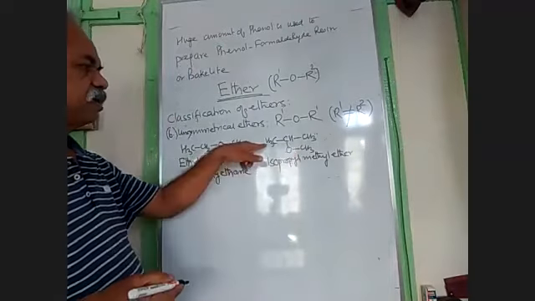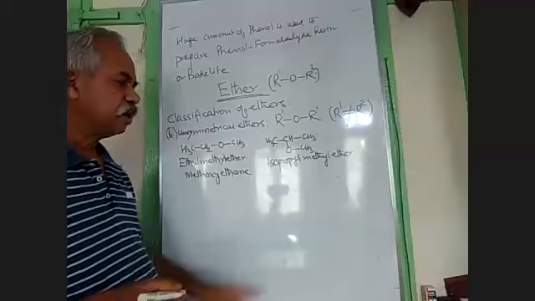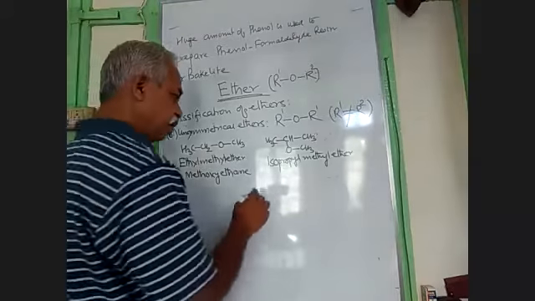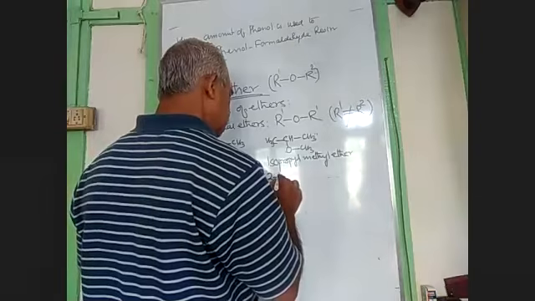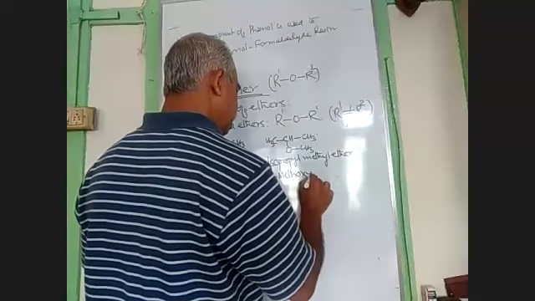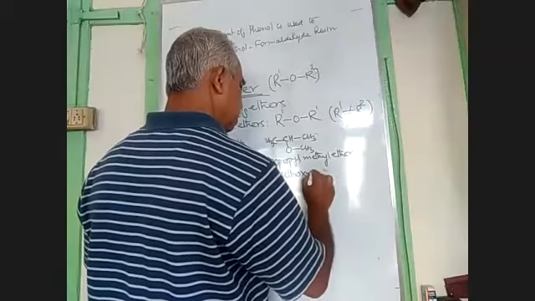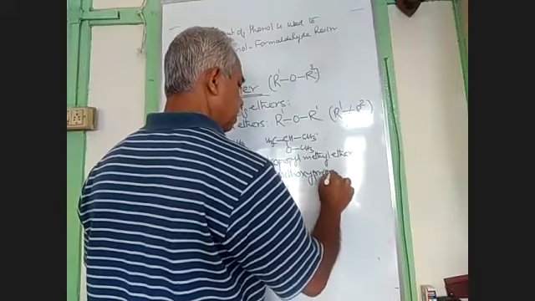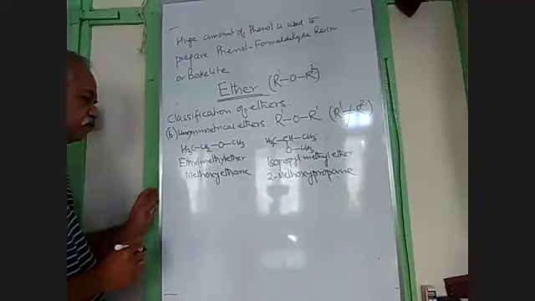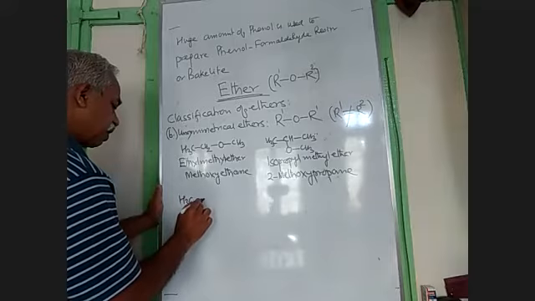This is the parent chain, so it's propane. This will be the substituent, methoxy on the second carbon. Now, when it is 3 carbons, you have to put a number. So it will be 2-methoxypropane. Clear?